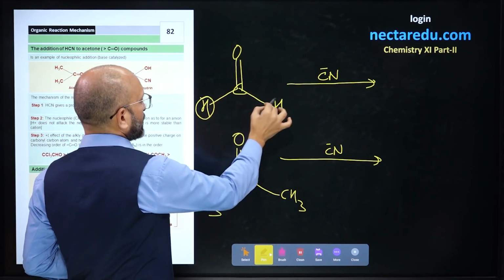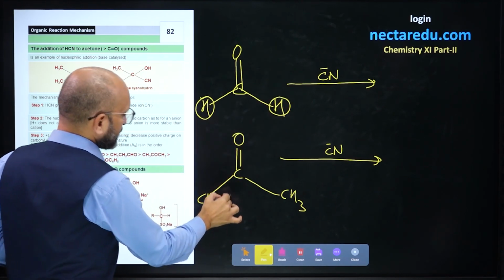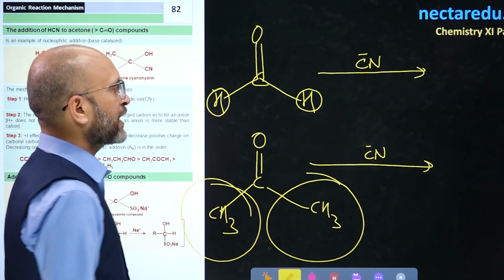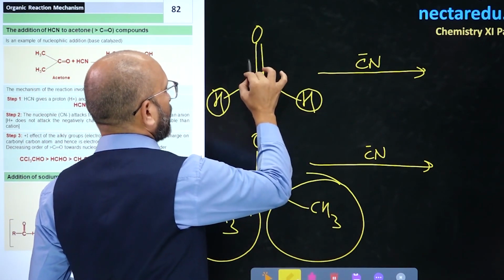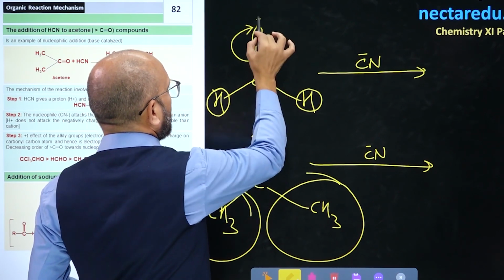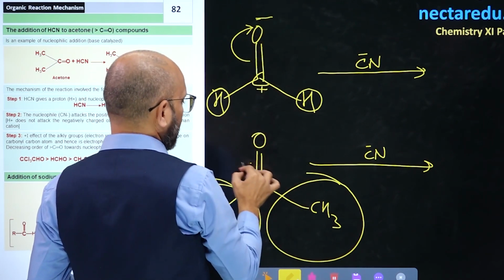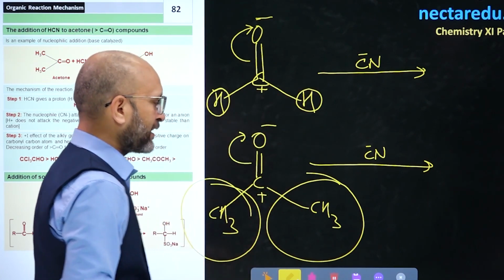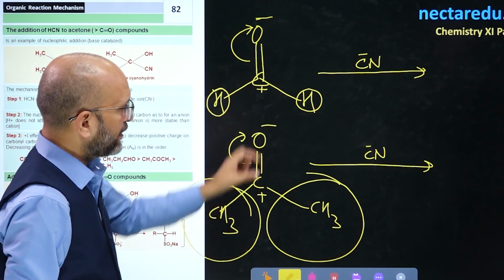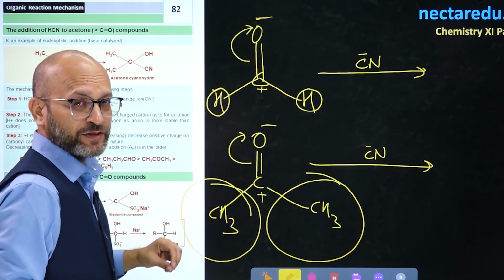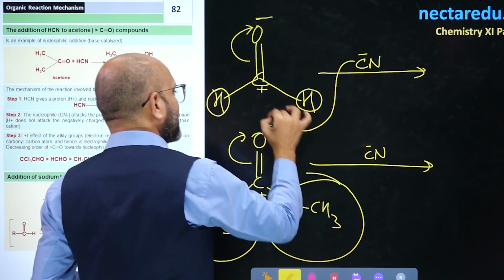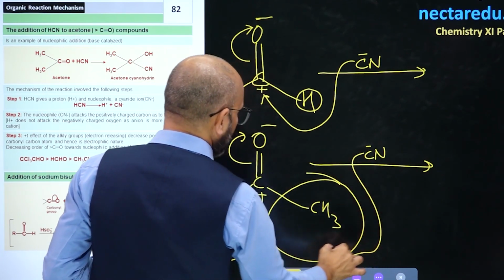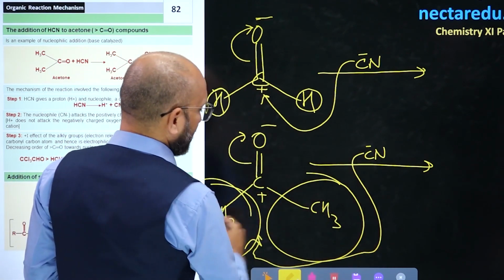Hydrogen atoms are smaller in size. Here methyl groups are present. They are bulky in size, right? Now cyanide has to attach to the carbonyl carbon. This has to break like this. Oxygen will get minus, carbon will get plus. Here also minus and plus. Now for cyanide to attack, you can compare. Here the size of atoms is small, so cyanide will easily come and attach to this carbon, whereas in ketones cyanide will have a problem because of these bulky groups.